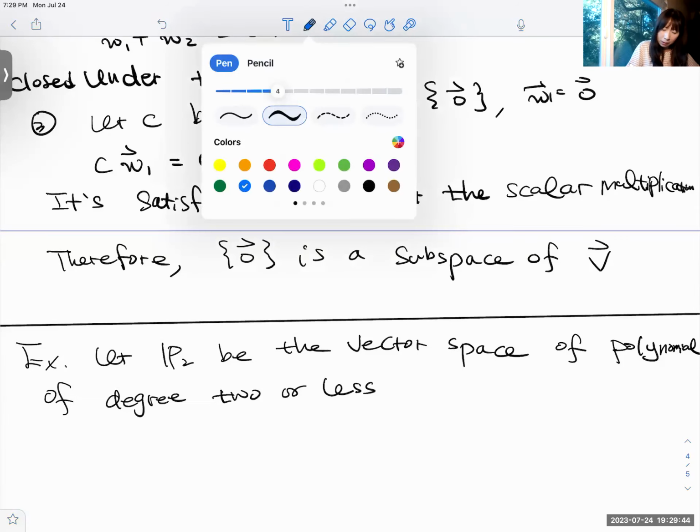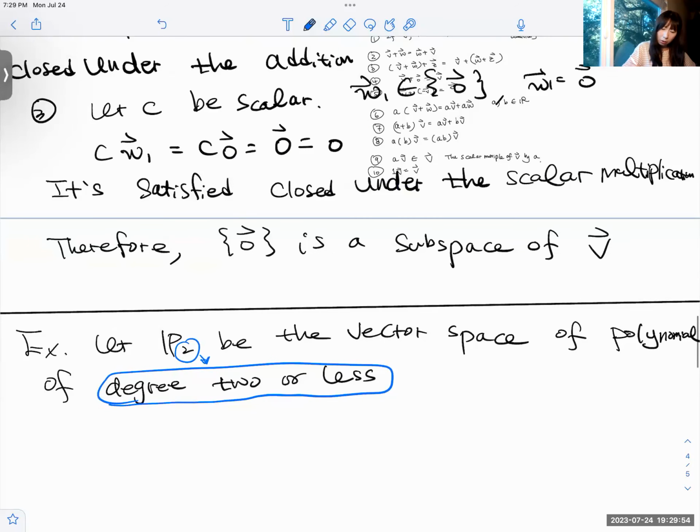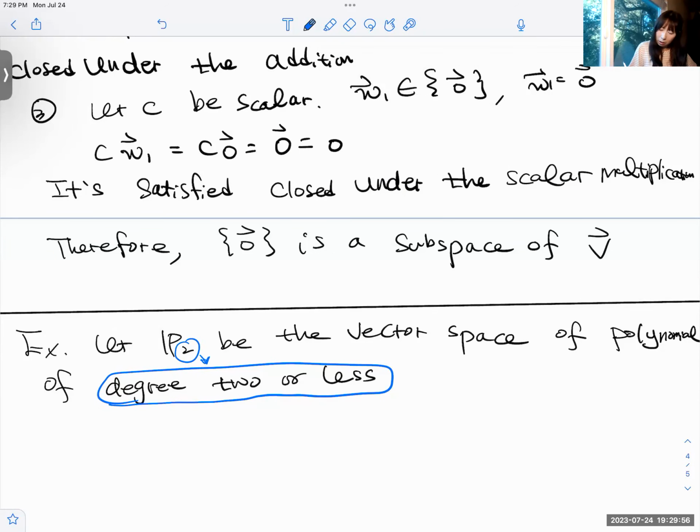This means degree 2 or less. Or sometimes they're using at most 2 or no more than 2.